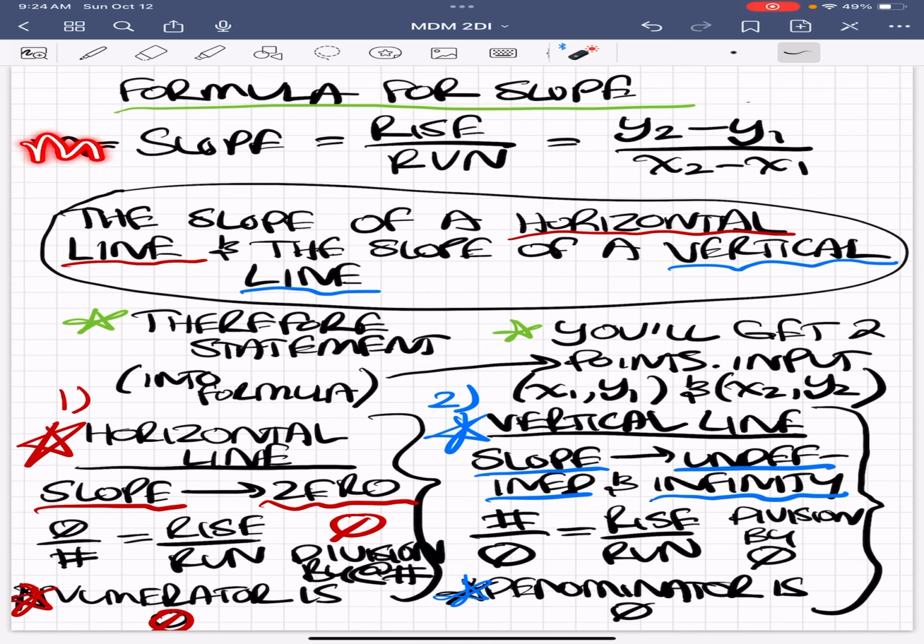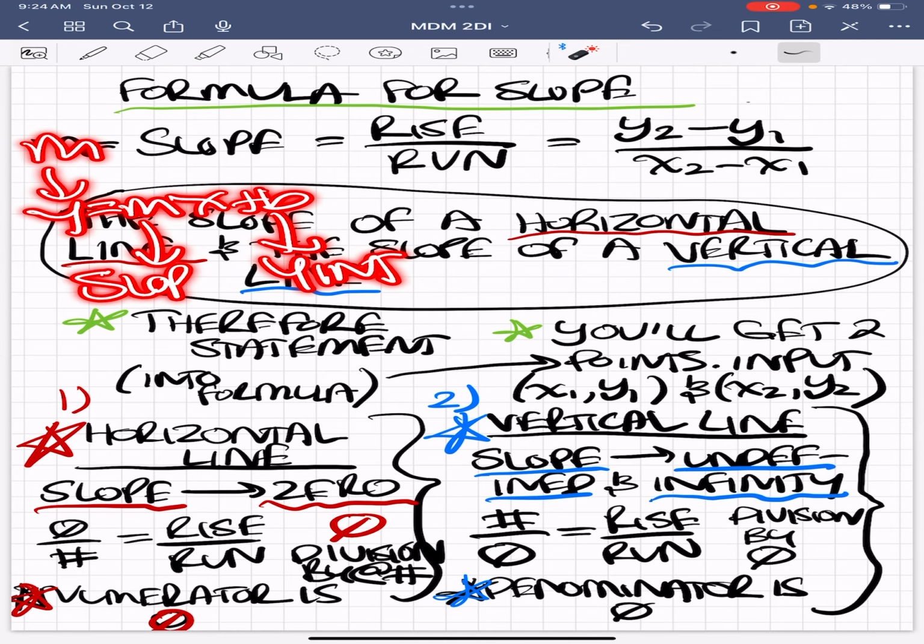So we have m, just like y equals mx plus b, this being the y-intercept, m being the slope.